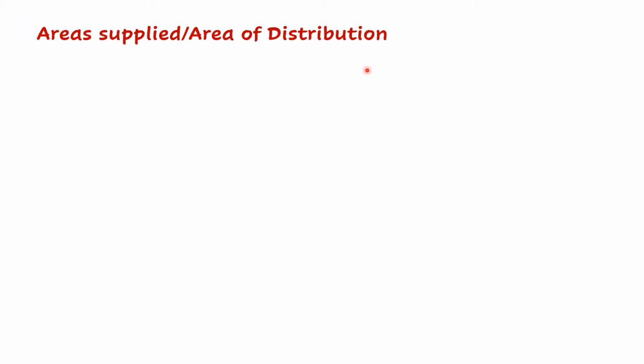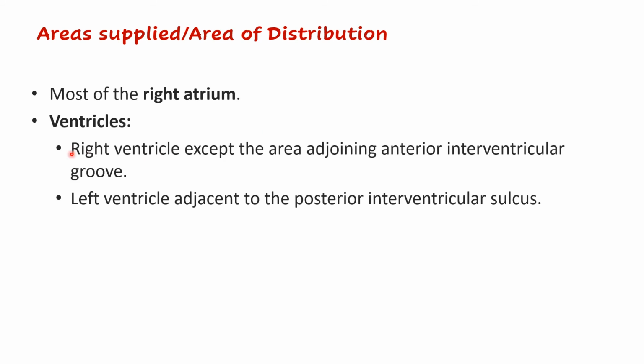Now, areas supplied by the right coronary artery, or the area of distribution. So it will supply almost whole of the right atrium, then ventricles. Which part? Right ventricle, whole of right ventricle except the area adjoining the anterior interventricular groove. Here the left coronary artery branch, that is the anterior interventricular artery, runs.